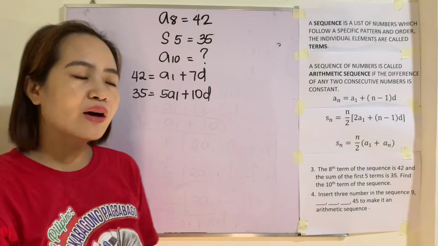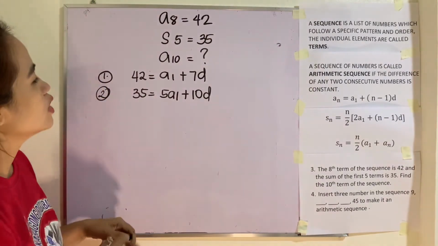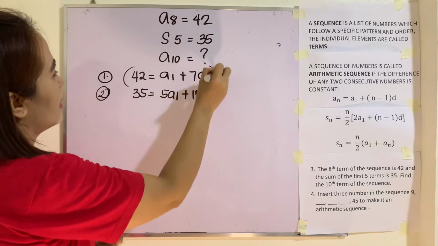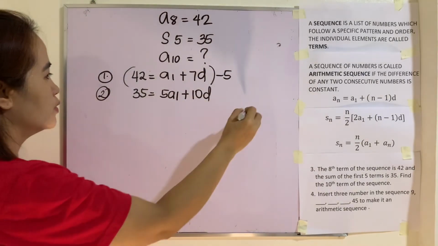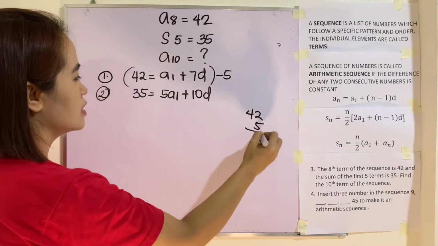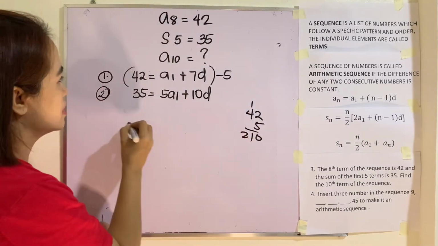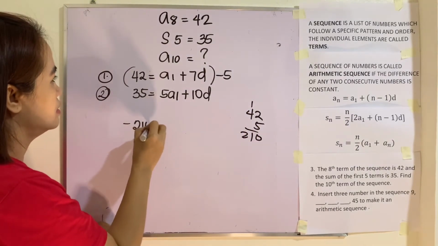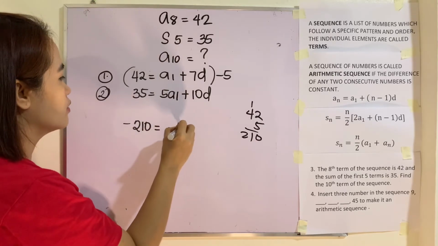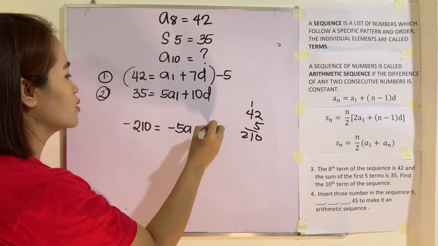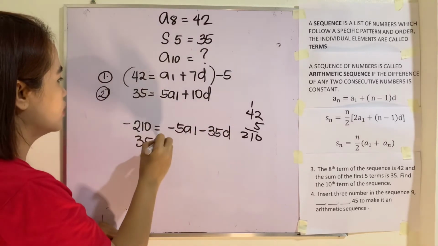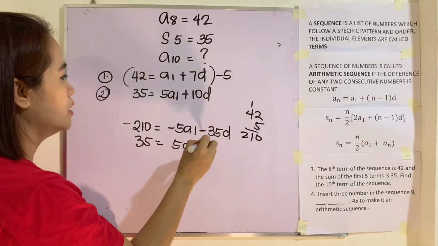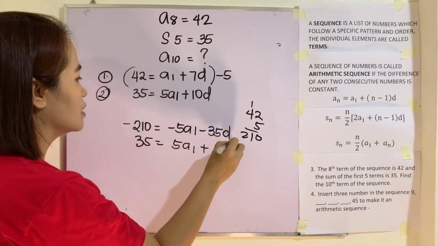Let us solve now this system of linear equations by multiplying the first by negative 5. So we have 42 times 5 is 210. It's negative 210 equals negative 5A sub 1 minus 35D. This is 35 equals 5A sub 1 plus 10D.